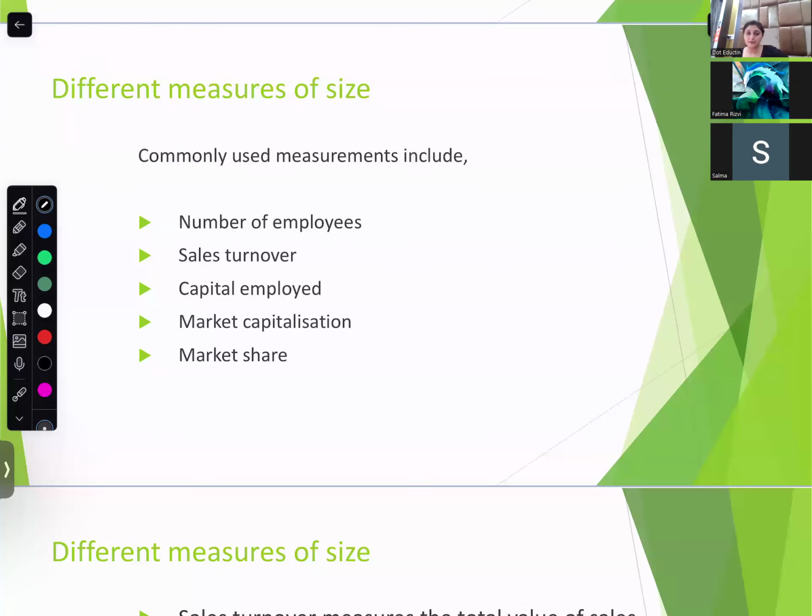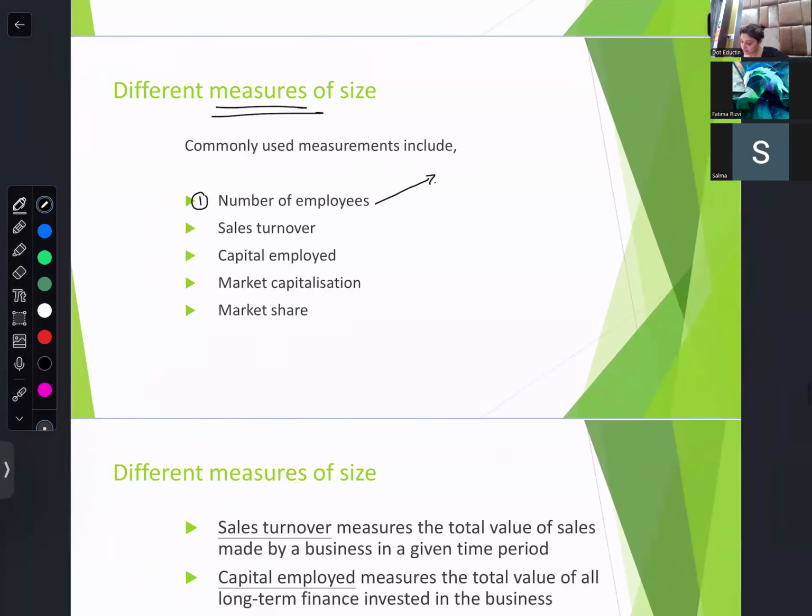So the common measures to measure the size of businesses, first is number of employees. Can you tell me what will come in number of employees? So if there are more employees, then I guess it could be considered a large business. And if there are fewer employees, the size could be considered small.